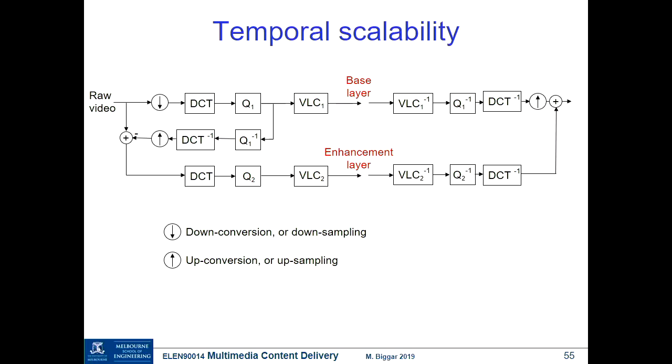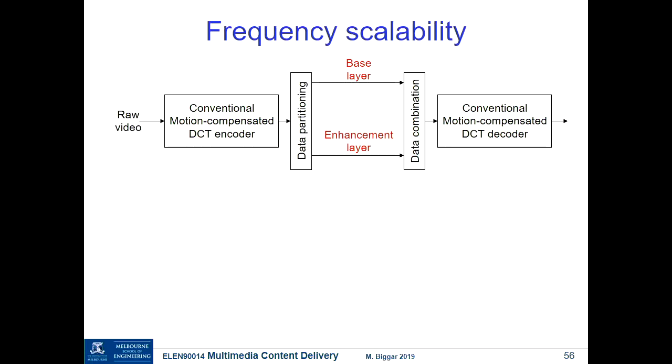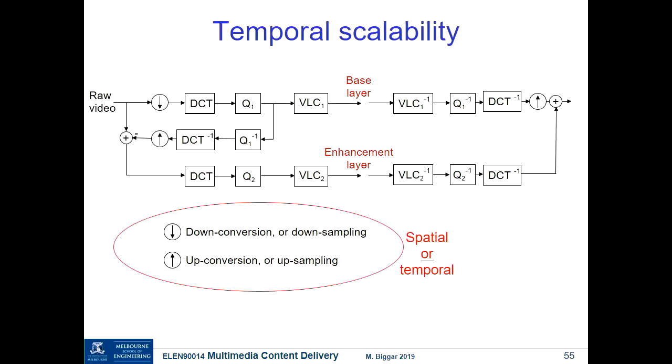So that down conversion and up conversion could be spatial or temporal. It means you kind of have to get your mind to jump about what's actually happening, but the diagram is the same. It just depends on whether we're talking about spatial resolution or temporal resolution.